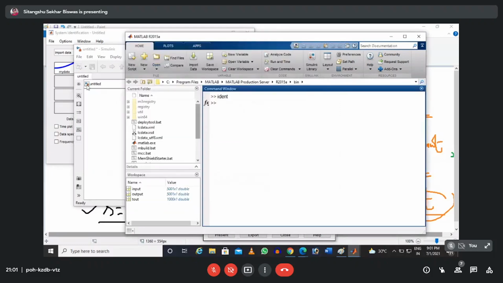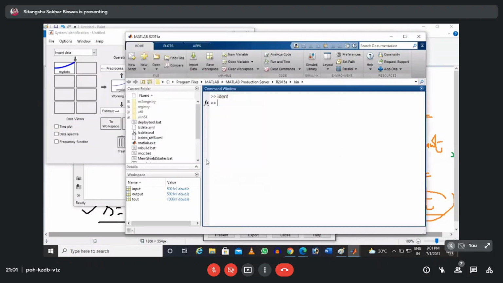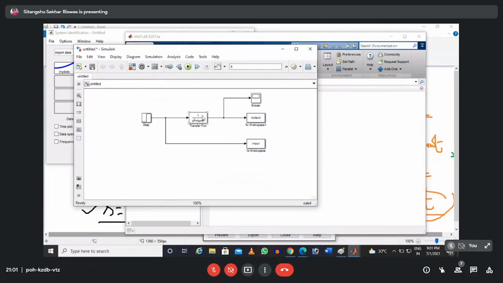So this is the way. The reason we faced this much problem earlier is that we don't have the actual data right now, so we are trying to generate the data. That's why this problem was faced earlier.